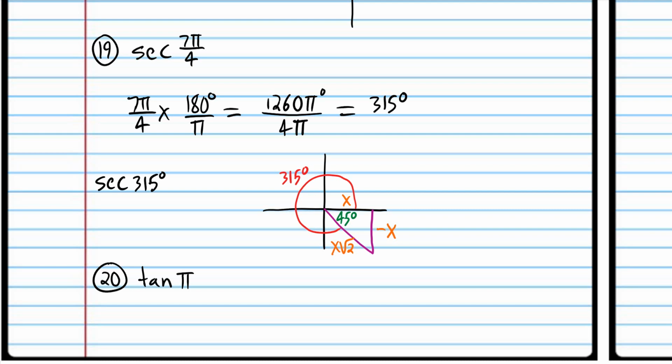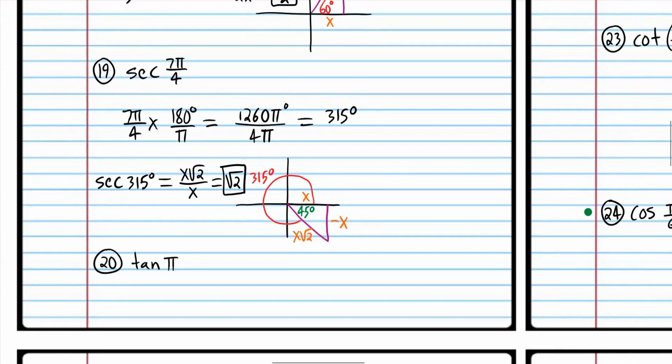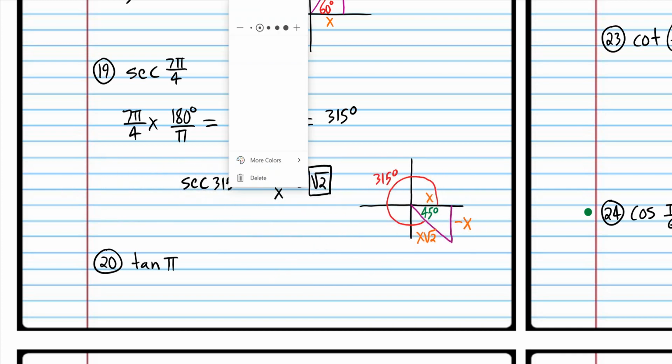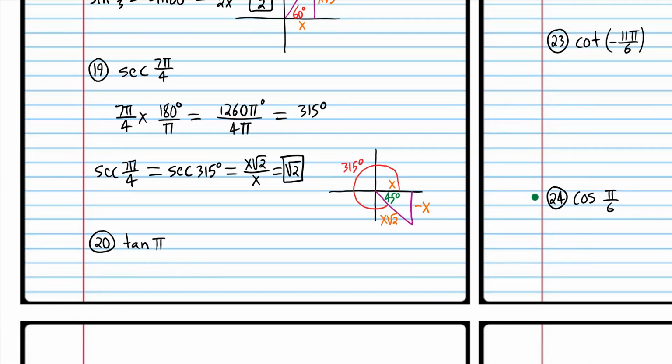And secant is defined to be the hypotenuse, x root 2, over the side adjacent the green reference angle. So the side adjacent is positive x, and if you reduce, you get root 2, so that's the answer, root 2. So secant 7 pi over 4 is equal to secant 315 degrees, which is root 2.